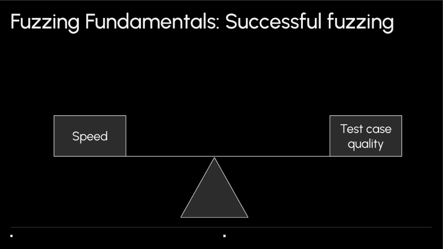These two things are in tension with each other, as smarter inputs take more time to generate, which means fewer iterations per second. And the best fuzzers usually find the right balance between these two. kAFL makes its innovation mainly in the department of speed over previous implementations.